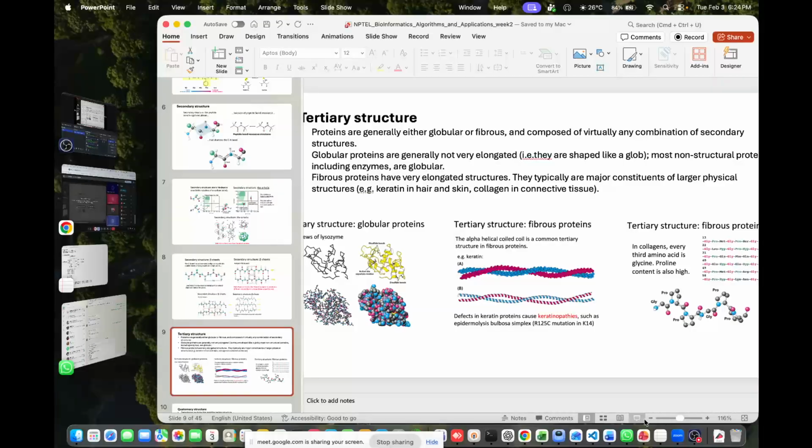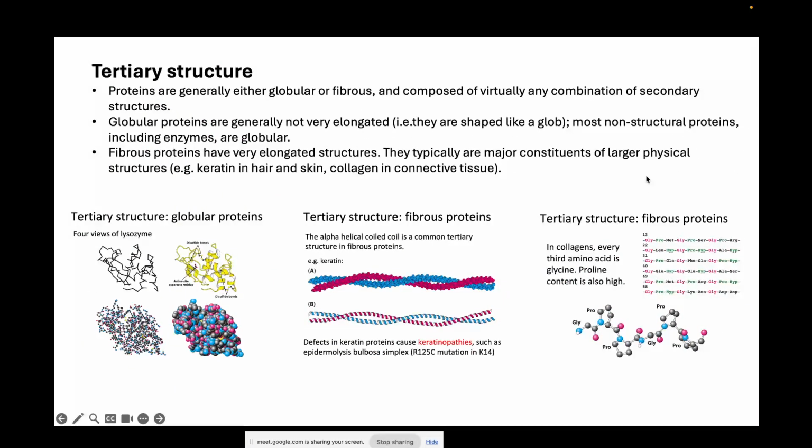Right? Okay. So tertiary structure basically forms the whole 3D structure of the protein. If you isolate a protein in the lab and try to do, say, X-ray crystallography on it and see what the overall structure of that particular protein is, mostly you see a very few classes of these proteins.